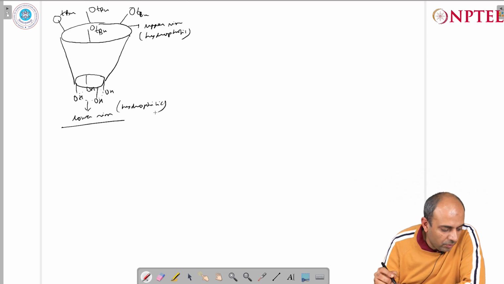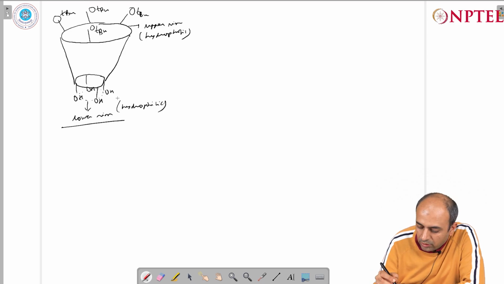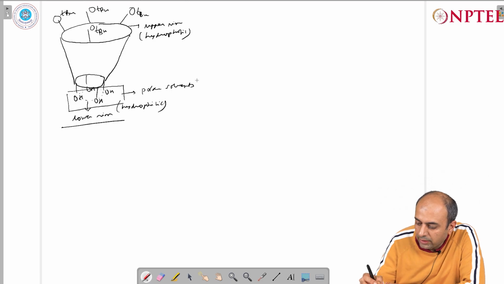Because it has the hydroxyl groups present, this particular site can interact with polar solvents, or it can interact with cations, okay, and this is non-polar in nature.